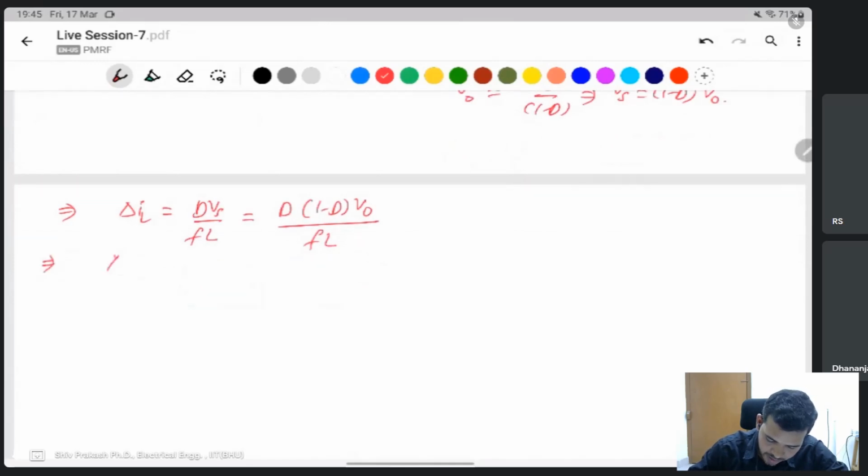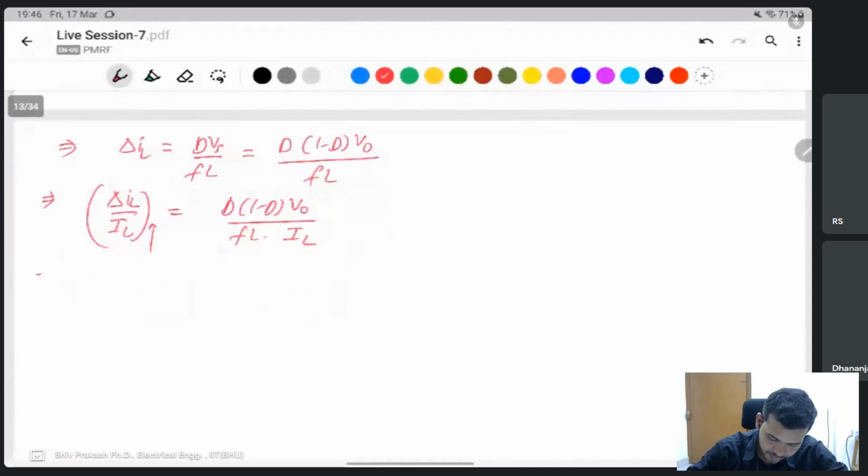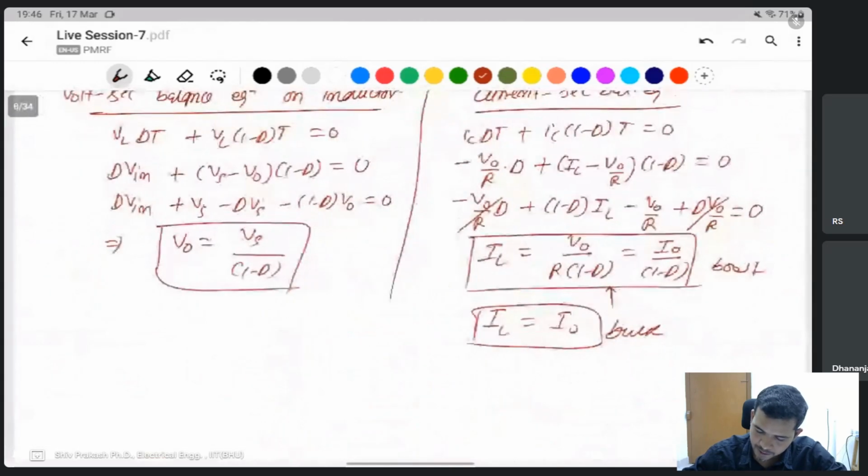Then divide by IL on both sides. If you take this one, d into 1 minus d into V naught by FL into IL, because this one is given as 10%. Delta IL divided by IL is 10%. And IL I find from the current-second balance equation, V naught by R into 1 minus d.